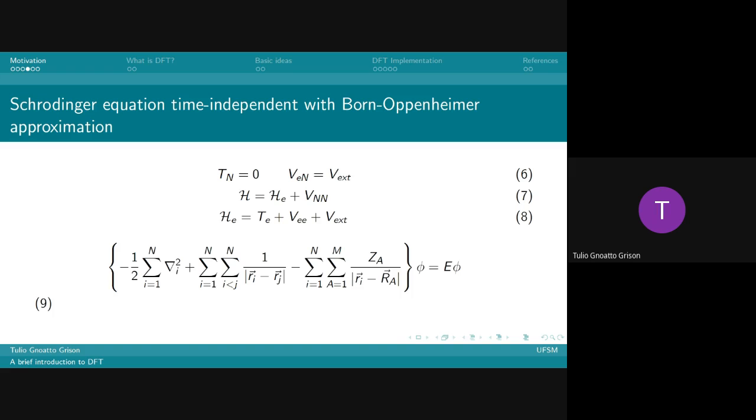In this way, the Schrödinger equation can be decoupled and the equation for the electrons becomes as written in equation 9. We have already made some approximations, but is it now possible to solve any problem with countless atoms? Let's try to make some estimates.